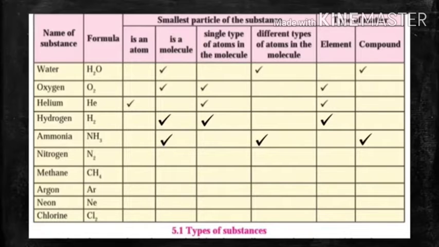For the rest of the substances, that is nitrogen, methane, argon, neon and chlorine, you have to identify and complete this chart. For nitrogen, it is a molecule, only a single type of atom, and it is an element, which we will show by a tick.